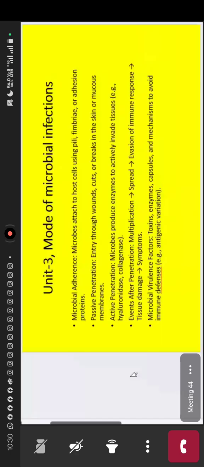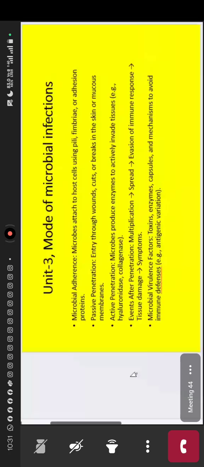In adherence, a microorganism adheres to the host via special organs like pili, fimbriae, and adhesion proteins, right? For example, the cell membrane of bacteria has special structures like pili or fimbriae.